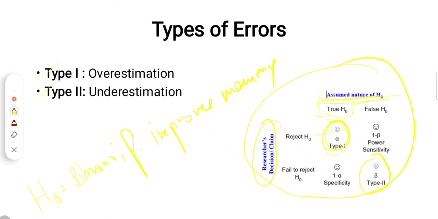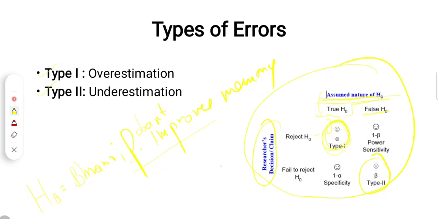Second, we say the research is false, like Bhramri pranayama, let's suppose now, does not improve memory.